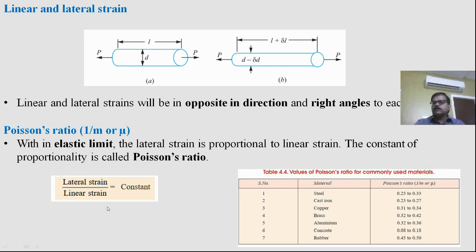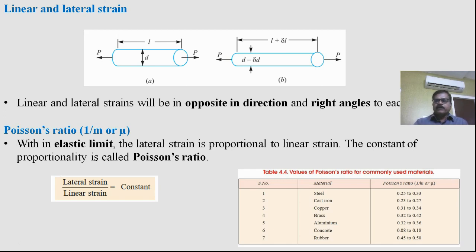We know that strain is the change in dimension to the original dimension. Here linear means along the length, and lateral means the direction perpendicular to the length. The force is applied along the length, so lateral means along the cross section. The change in dimensions of the cross section to the original dimension of the cross section is known as lateral strain. The change in length to the original length is known as linear strain.